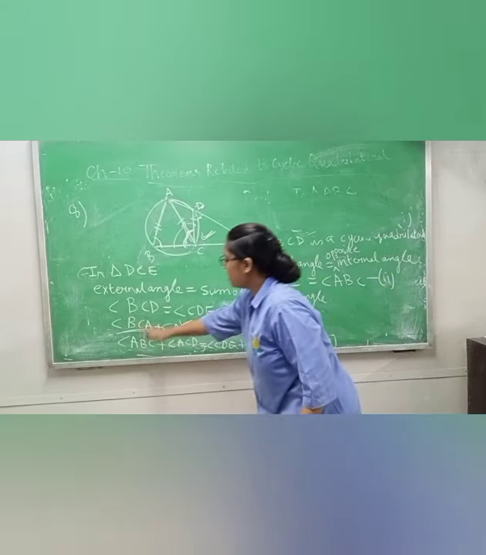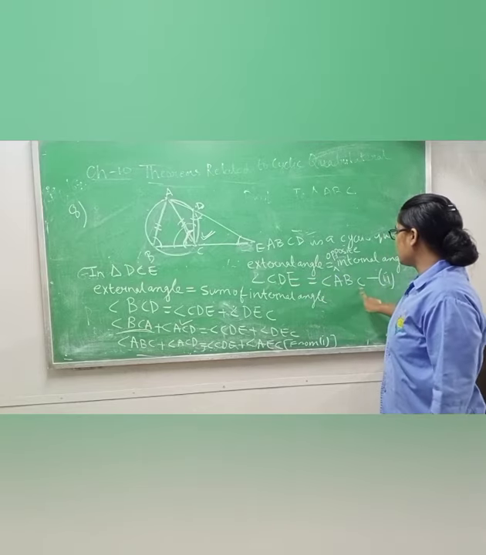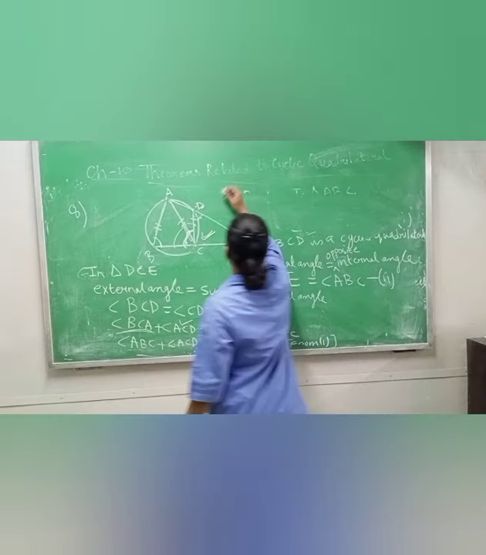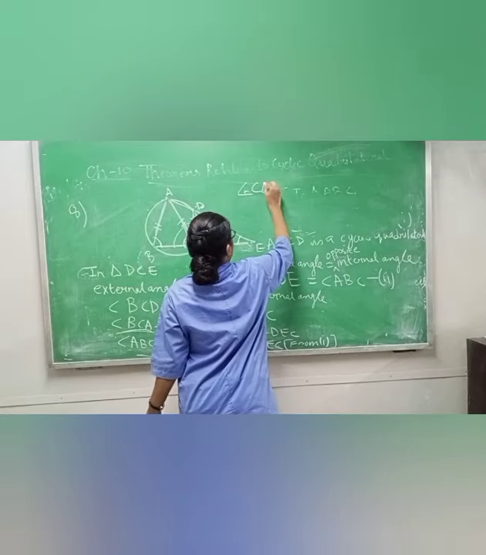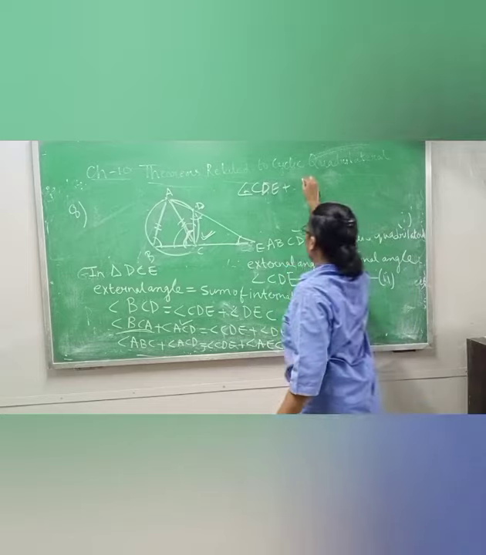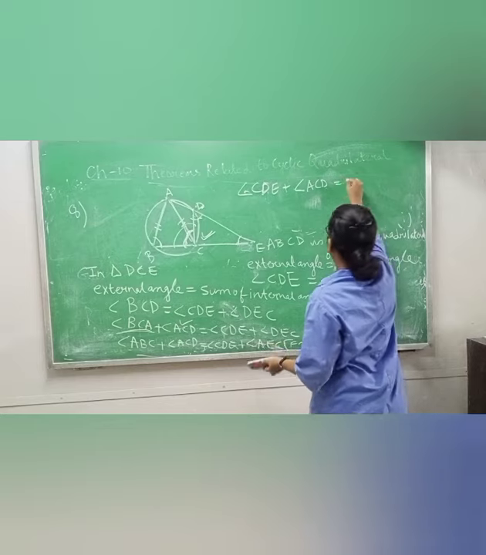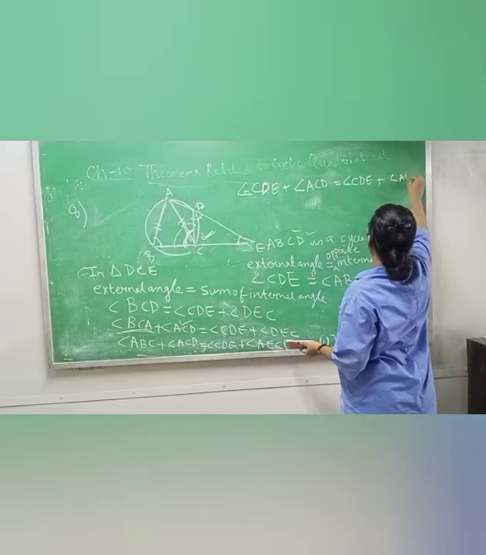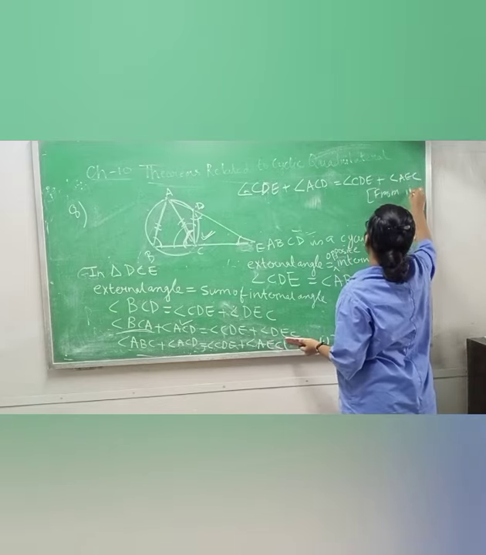Now in place of ABC again I have to write something. See, from equation 2, in place of ABC I can write angle CDE. So I am writing angle CDE plus angle ACD equals angle CDE plus angle AEC, and write the reason, from equation 2.